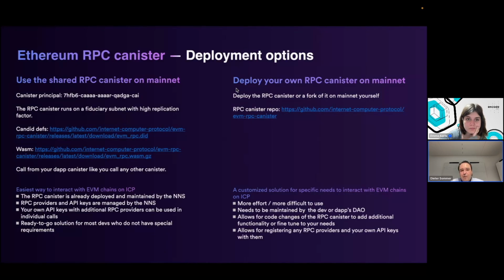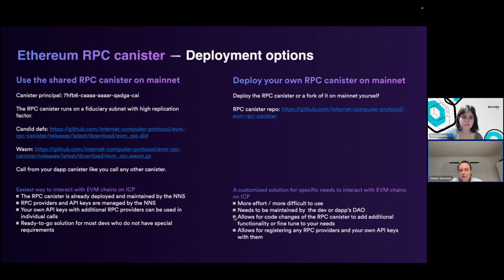So there's no limit to what you can do with this approach, but of course, it's much higher maintenance, more effort to do initially, and you need to keep this canister up to date, or the DAO of your dApp needs to keep it up to date and maintain it. So it's a much higher effort solution that can be useful if you have more specific requirements than what the shared RPC canister on mainnet allows for.